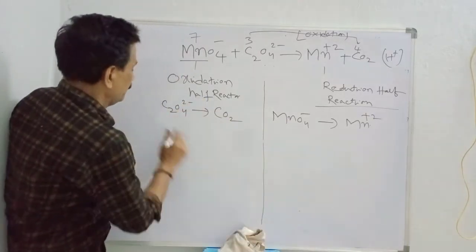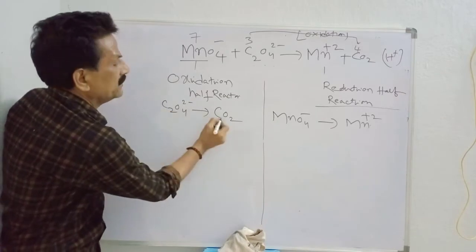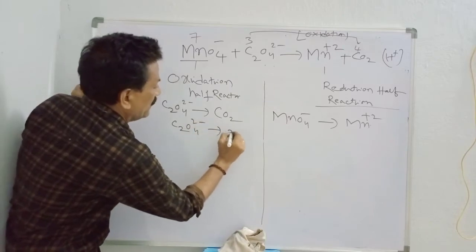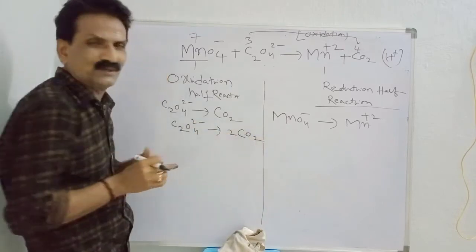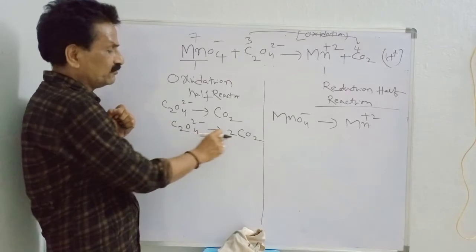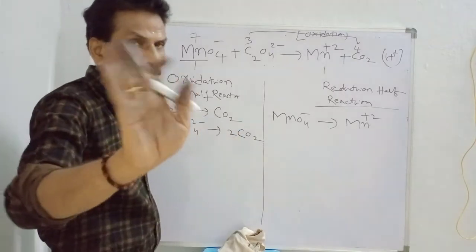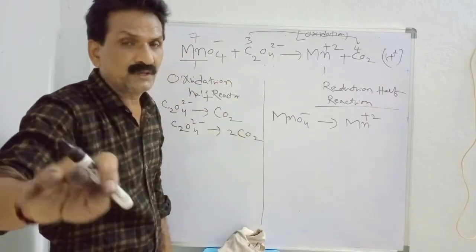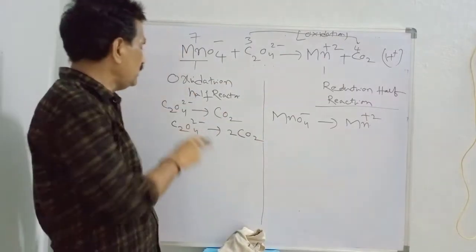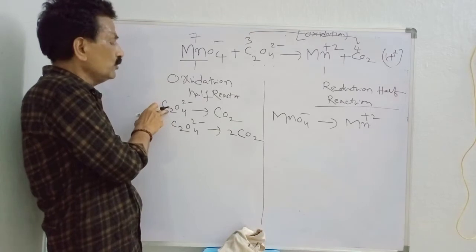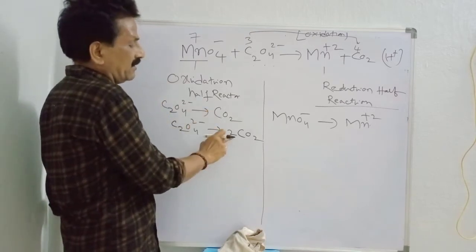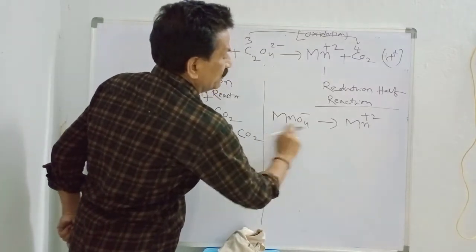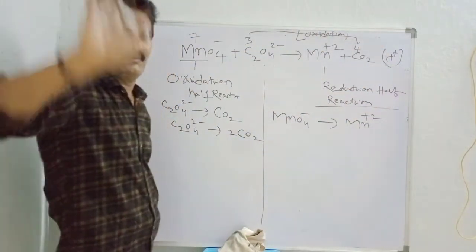Here 2 carbons, here only 1 carbon. C2O4 2 minus gives, I have balanced, 2 CO2. 2 carbons. Now I don't want to go to oxygen or hydrogen; I am considering only the central atom. Carbon 2, here only 1, so I have mentioned 2. Mn, manganese, here 1. Okay, no problem.